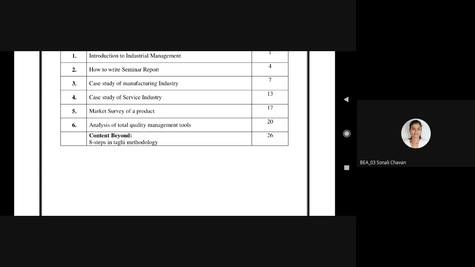Is it right? We have taken examples also. Today we will start the market survey of a product and the analysis of total quality management tools. The last practical is the analysis of total quality management.